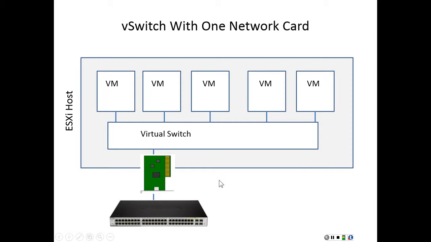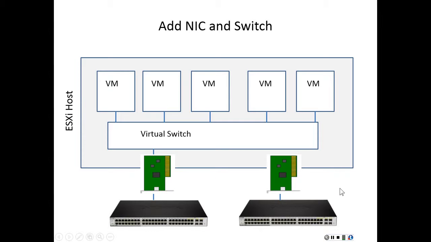Now let's say that we added a separate physical network. There's an additional switch, and we add a second network interface card, and we put it in the ESXi host. Now I want to make it so the virtual machines on the right only connect to the physical network interface card on the right.